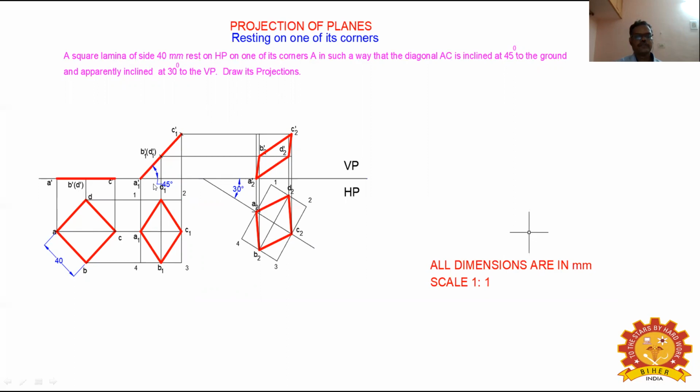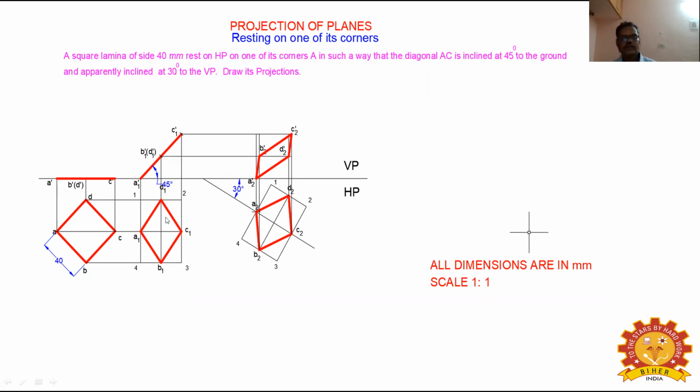By using a compass and protractor, draw a 45 degree line and transfer all these points to the inclined line. Mark as B1 dash, D1 dash, C1 dash. From C1 dash, B1 dash, A1 dash, draw a vertical line and from A, B, C, D, draw a horizontal line. Now, the corresponding intersection points mark as A1, B1, C1 and D1. Therefore, we get a rhombus.